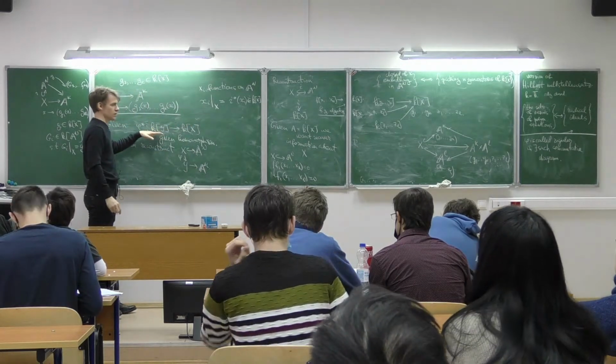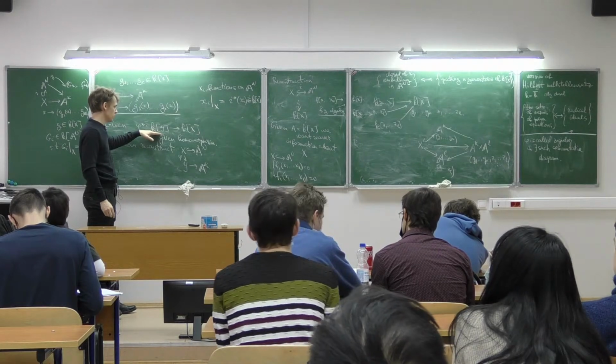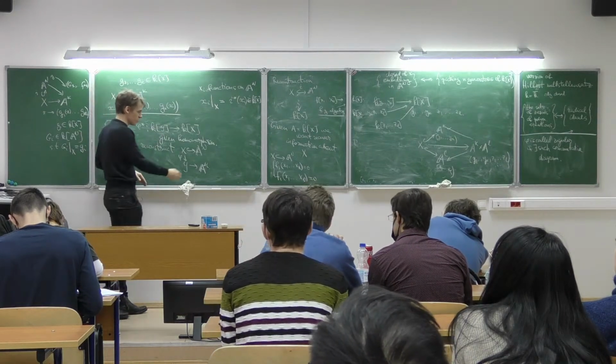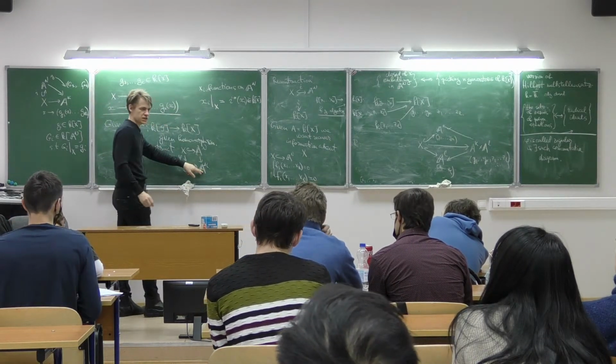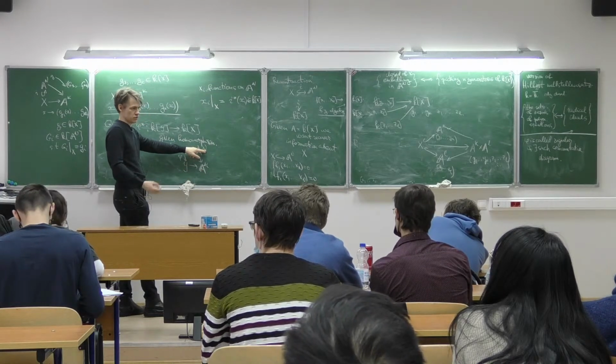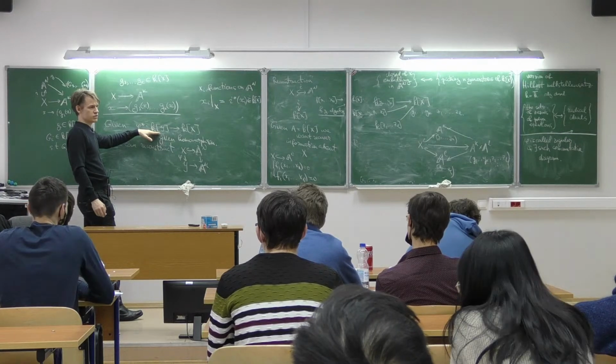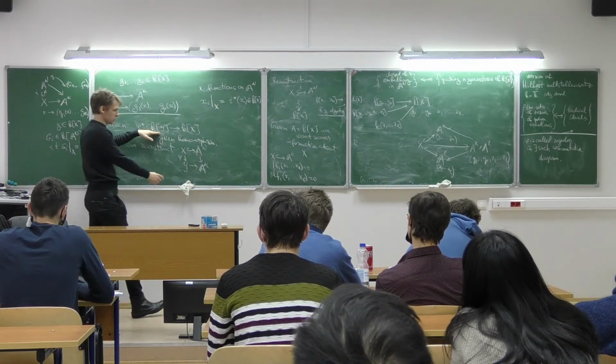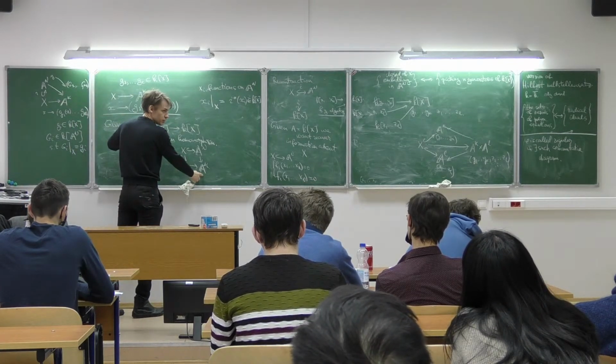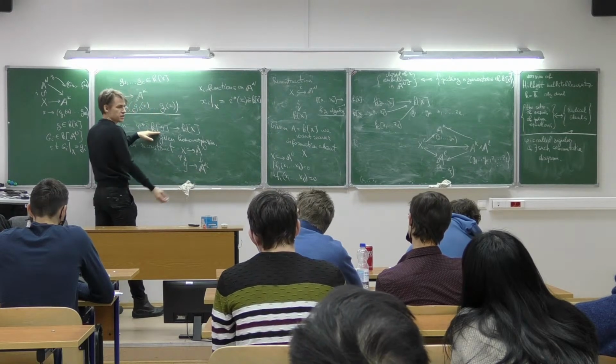So how do you do it? How to understand what m and n are here? You are starting with this algebra. In order to reconstruct this embedding of Y into A^m, you are picking generators.